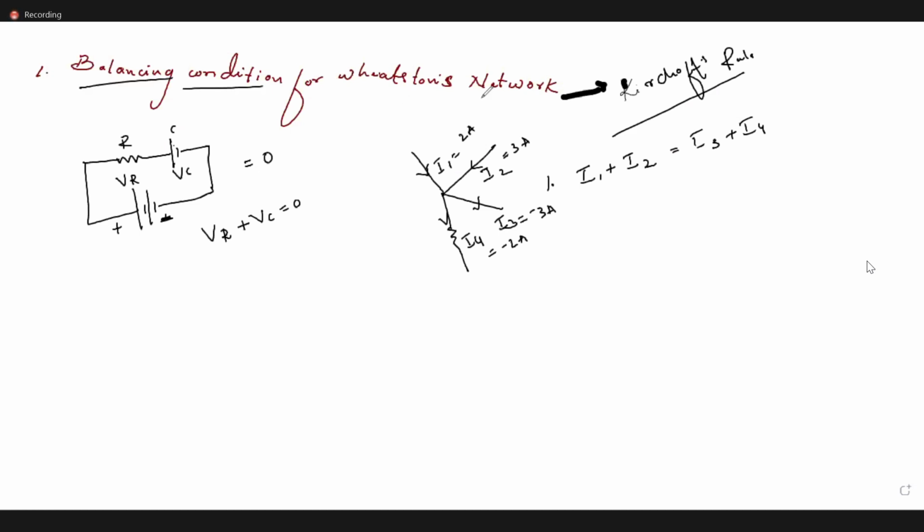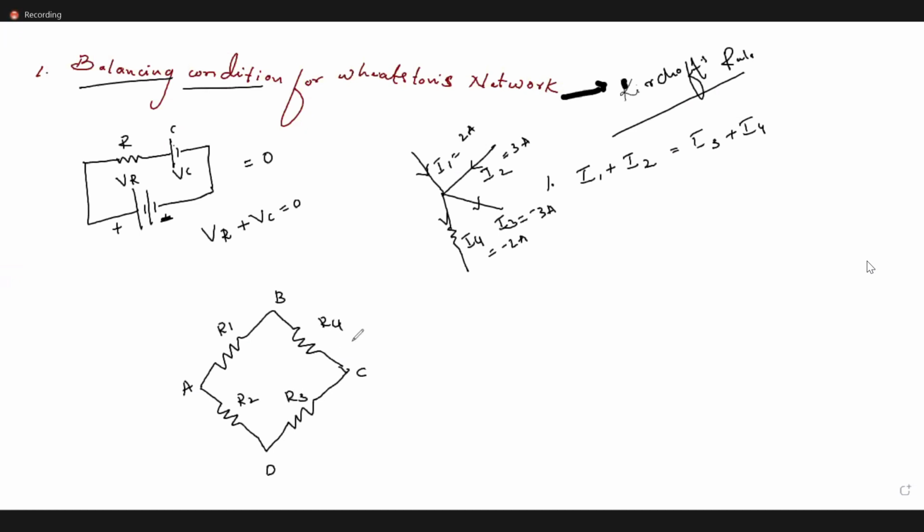Is it clear? For the Wheatstone network, we require four resistors. I will take 1, 2, 3 and 4, and denote the junctions between them as A, B, C, D. I have taken a closed loop with the resistors R1, R2, R3 and R4.